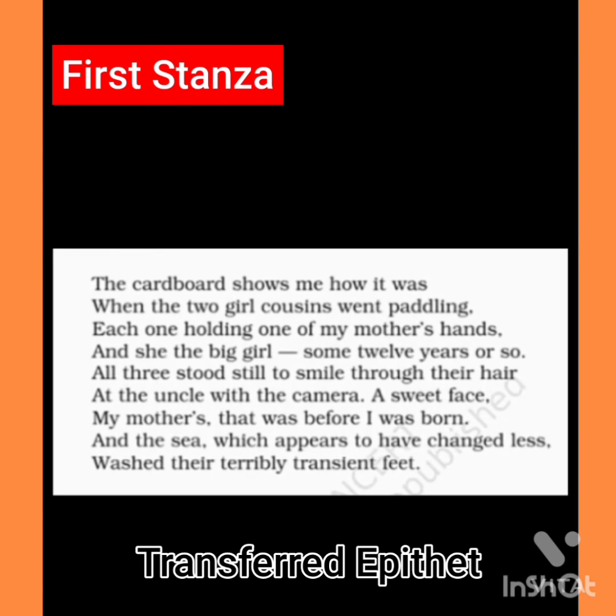Now the third poetic device is transferred epithet in the line washed their terribly transient feet. You can see over here, washed their terribly transient feet. So here the epithet is usually an adjective or phrase expressing a quality which is the characteristic of a person or a thing.